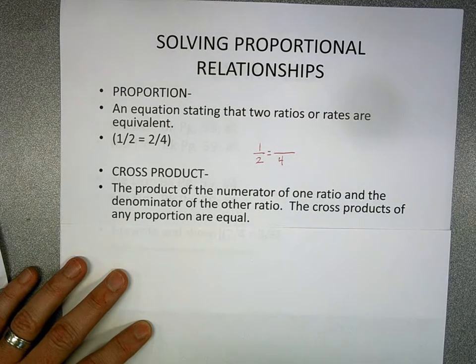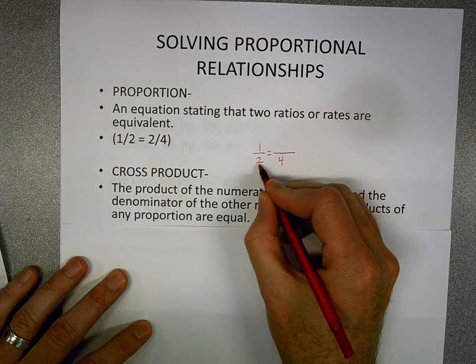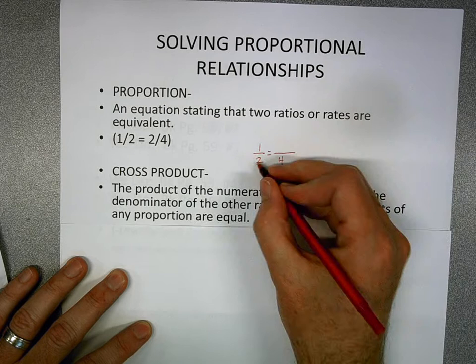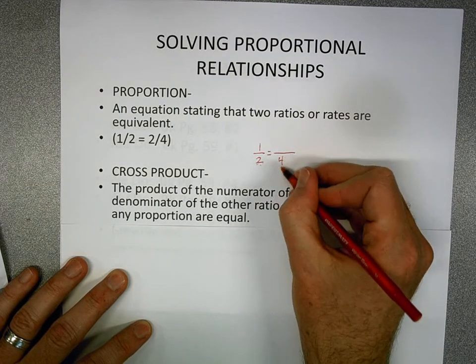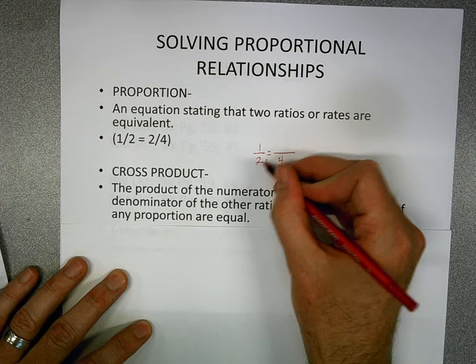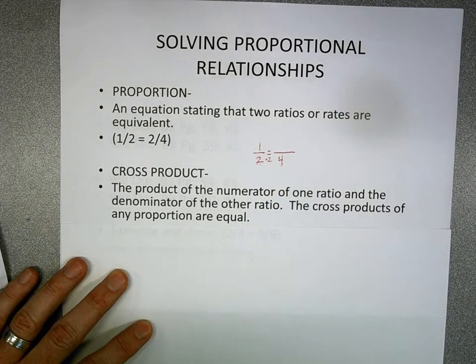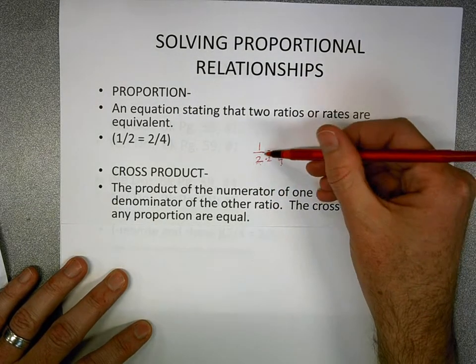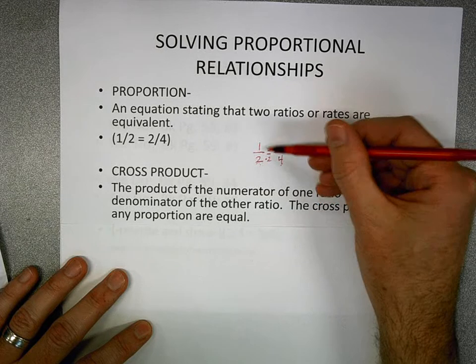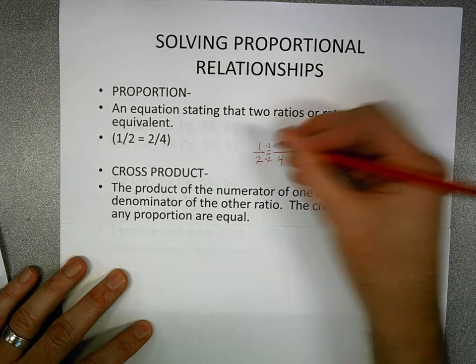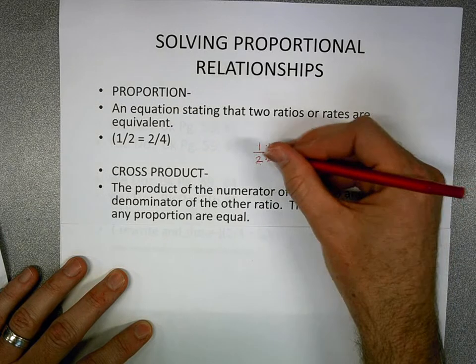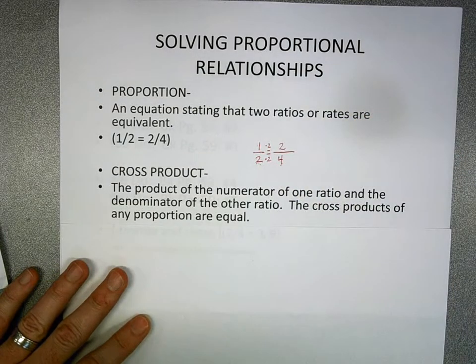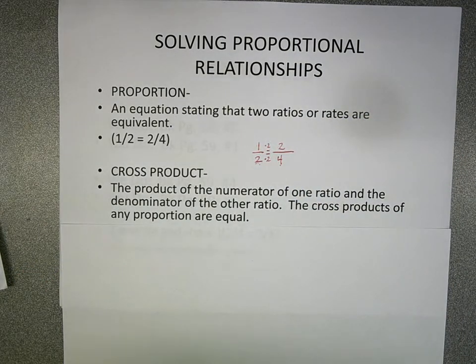What you've seen me do, and what I'm sure you did in elementary school, is find out how to get from this point to this point. In this case, we take the 2 and multiply it by 2. The rule says if you use the same product in the numerator spot, you'll get 1 times 2, and you'll get that equivalent fraction. So 1/2 is equivalent to 2/4.